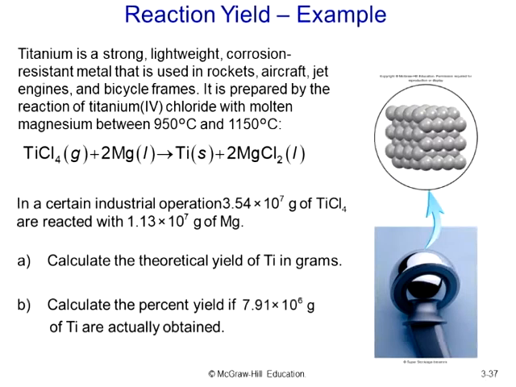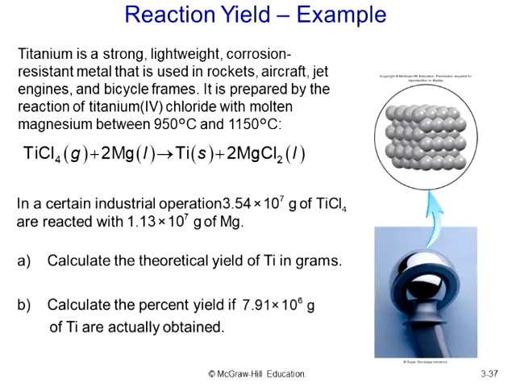So in a certain industrial operation, we have 3.54 times 10 to the 7 grams of titanium tetrachloride, and it's reacted with 1.13 times 10 to the 7 grams of magnesium. Two things we want to do in this problem are calculate the theoretical yield, and then calculate the percent yield. You have the theoretical yield and you have a percent yield, and we need to calculate both of those.